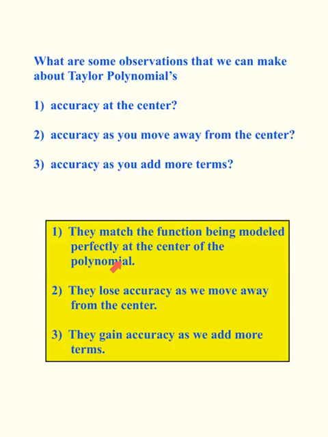We started with a sine curve, and we said, okay, if we start at this point, we're going to get a perfect match, and as we move away from that, then it starts branching off.